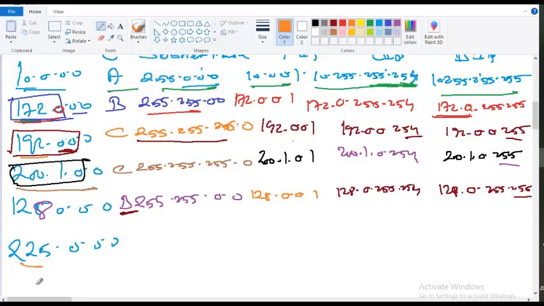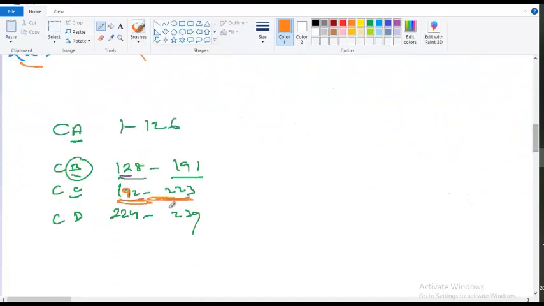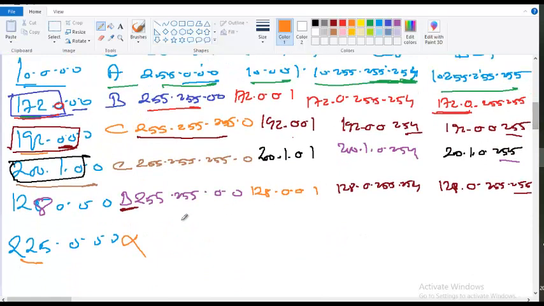225. This is not at all valid. You see, we don't have 225 as an IP address in ABC. 225 belongs to multicast. Class D belongs to multicast. It's not a valid IP address. So just for testing, I gave you. You should not have filled anything here.